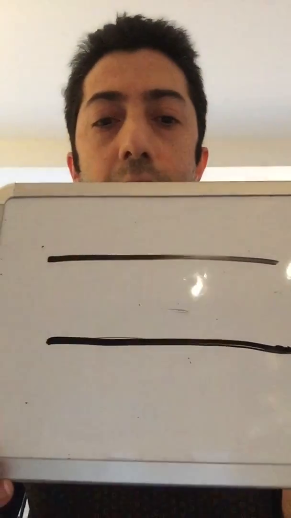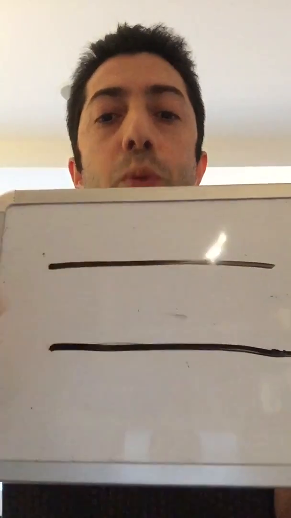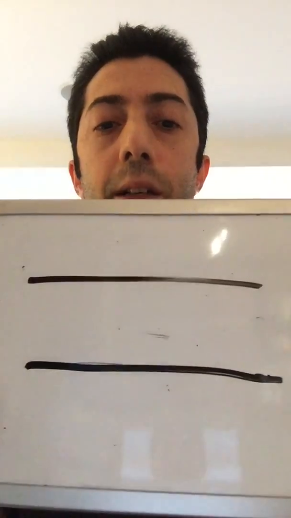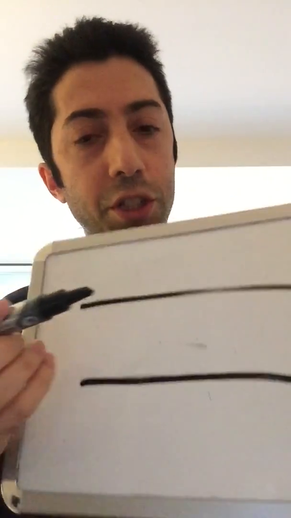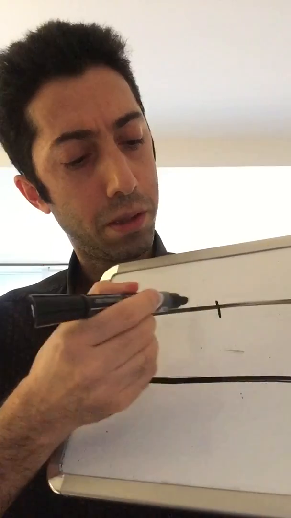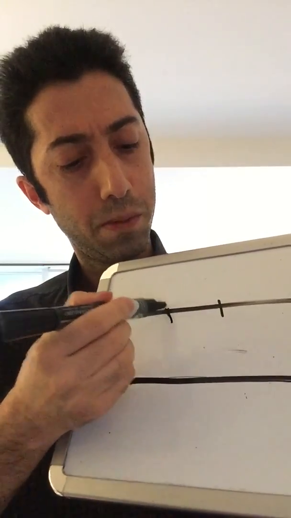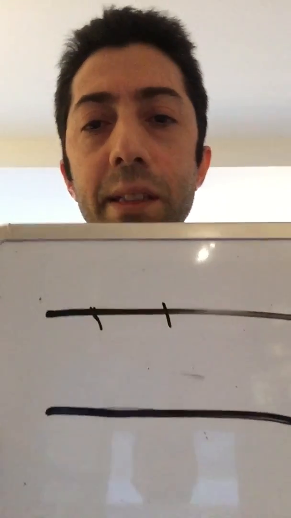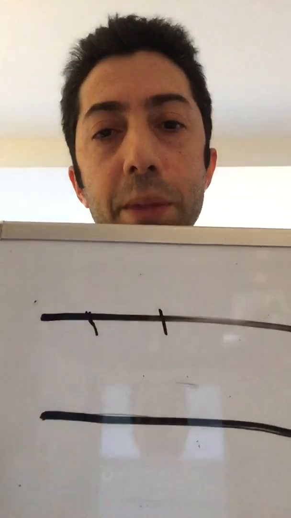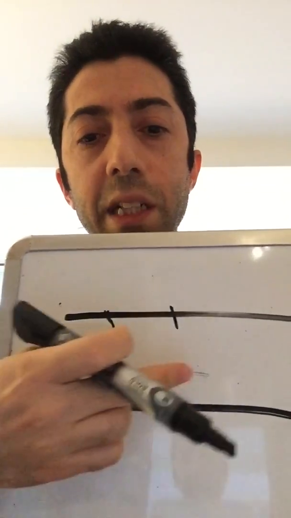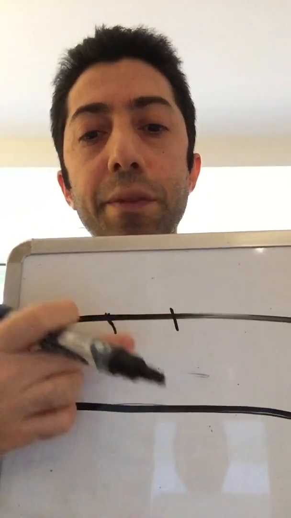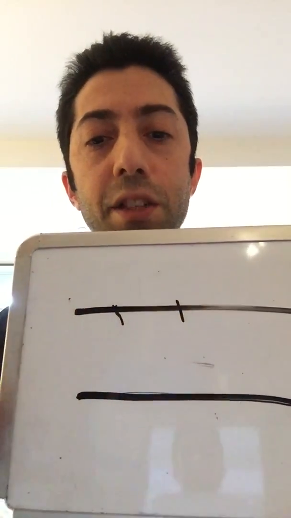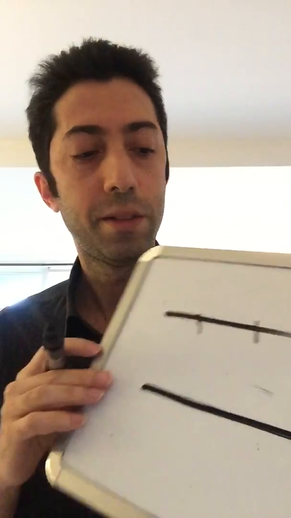As you can see, I put a space between the two strands, and imagine there's a gene here, a part of DNA that I want to transcribe. I want to make mRNA, messenger RNA, from this part of DNA, this gene. All right?